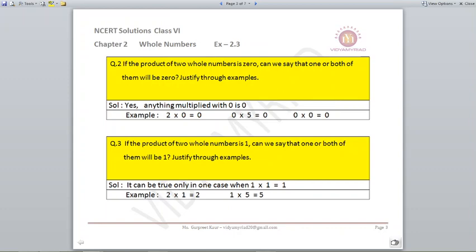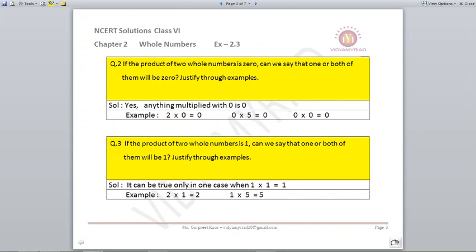Now if my example is 10 multiplied by 5 multiplied by 20 multiplied by 0, in that case also my answer will be 0. Whenever you are multiplying 0 with any number, the result will be 0.